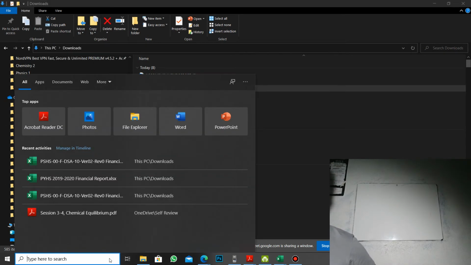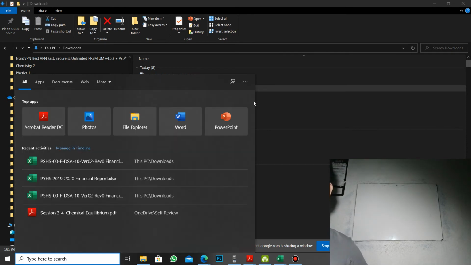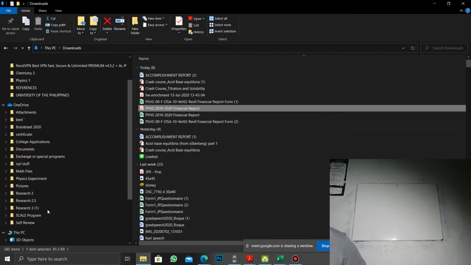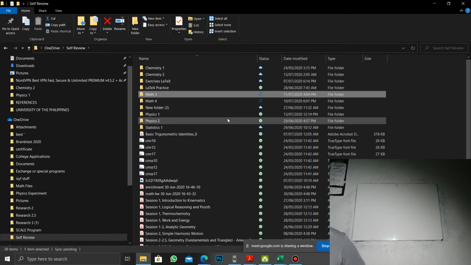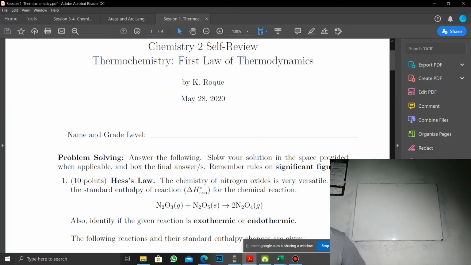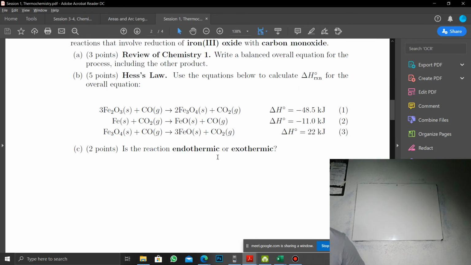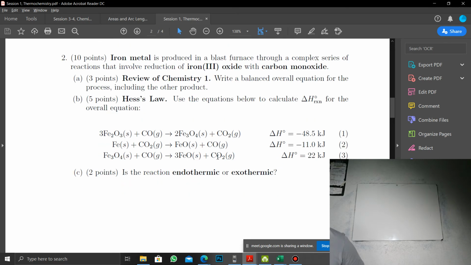Kasi matagal na rin tayo hindi nagkita, no? Sige. Teka lang, hanapin ko yung last na to. Thermochemistry. Ito, hanap tayo ng... Shucks.